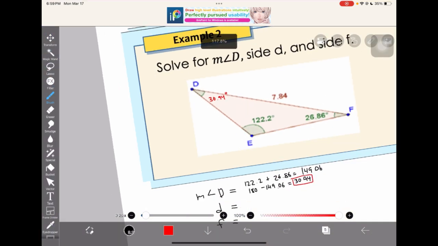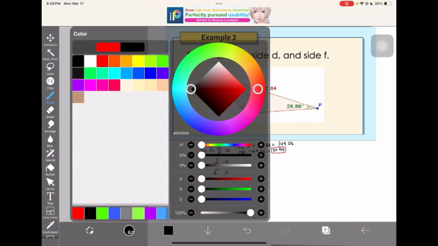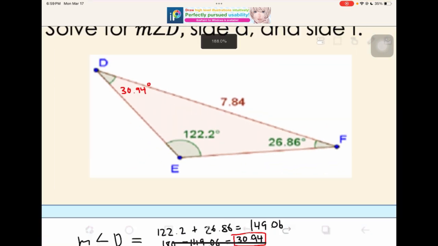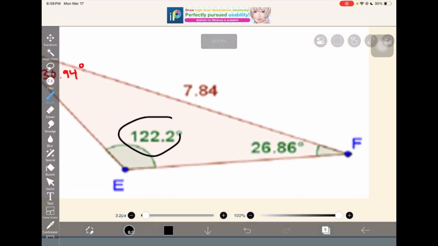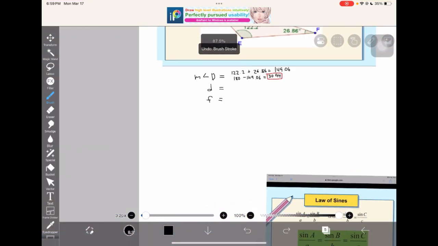Very nice. Alright, I hope you get the drill by now, but let's try it again. First and foremost, we need to find the pair of an angle and the side that's already given to us. So that's going to be this one, angle E, and the opposite of it is called side E. Nice. So we're going to use the formula again.